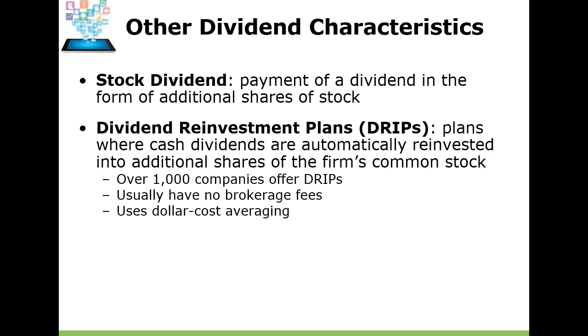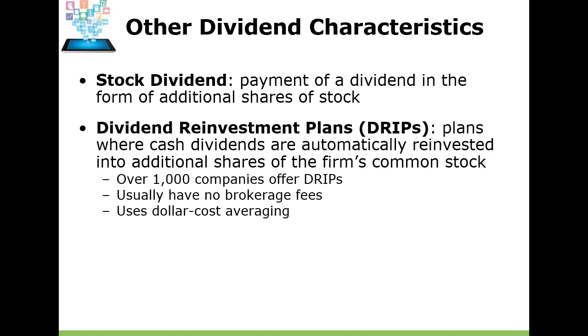A stock dividend. Now this is where it gets tricky. When it says stock dividend, this is a dividend of stock. So they'll give you shares of stock. If you have 100 shares and they declare a 10% stock dividend, they're going to give you 10 more shares. However, like a stock split, they're going to readjust the price.